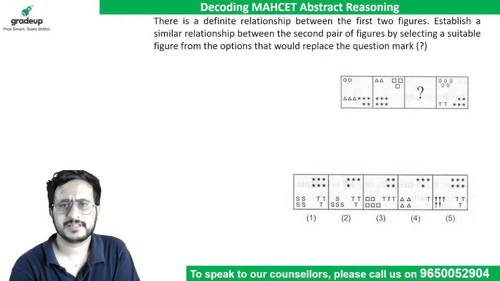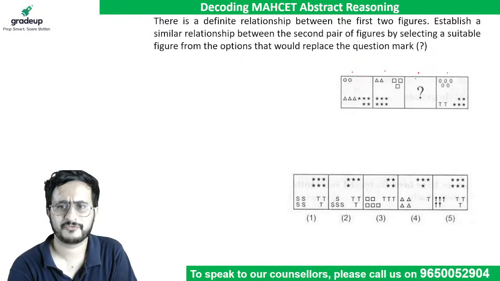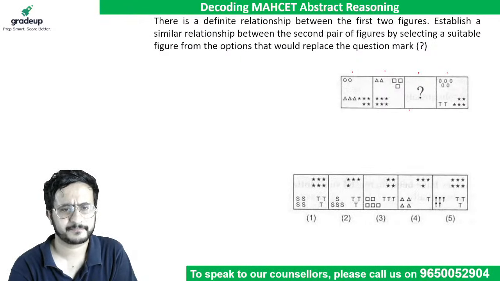In these figures, there is a definite relationship between the first two figures. So this figure is related to this figure in some way, and this figure is related to this figure in the same manner. You have to find which of the following figures will be the answer figure.